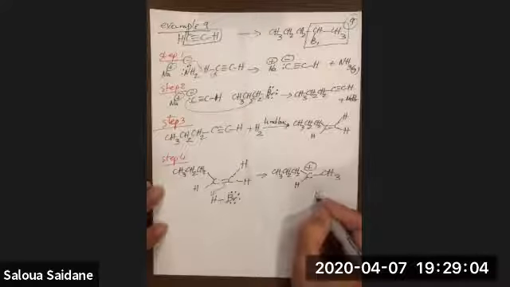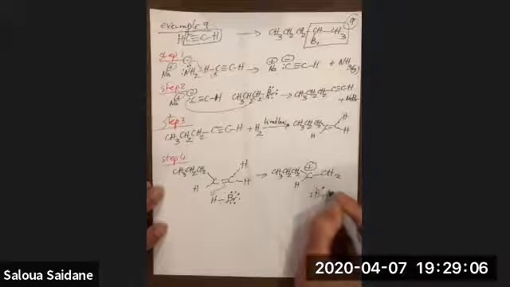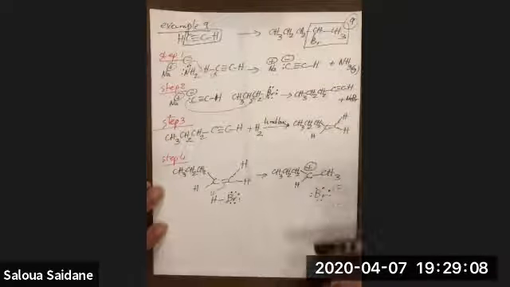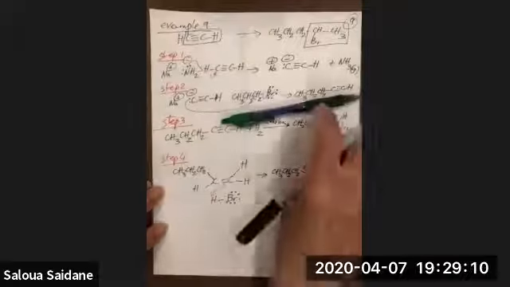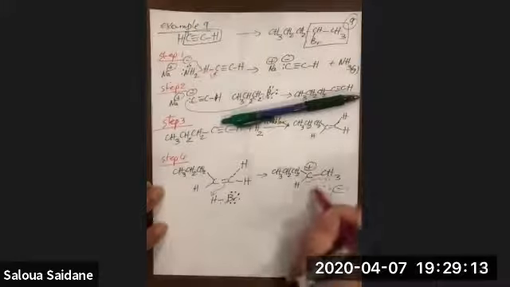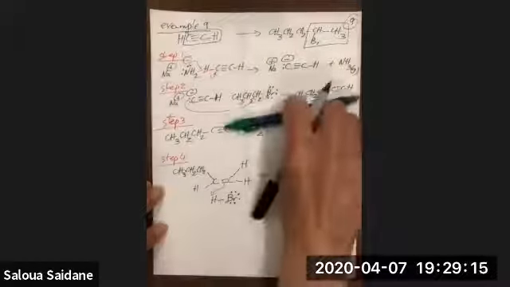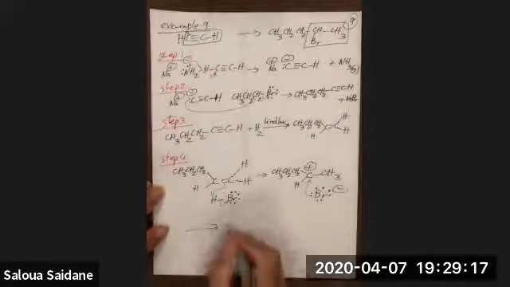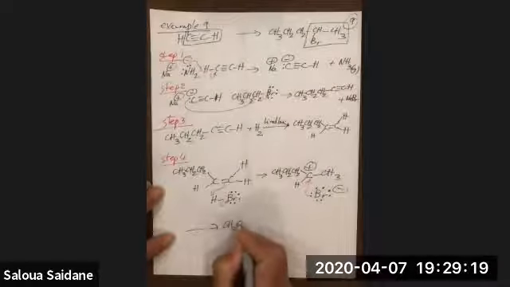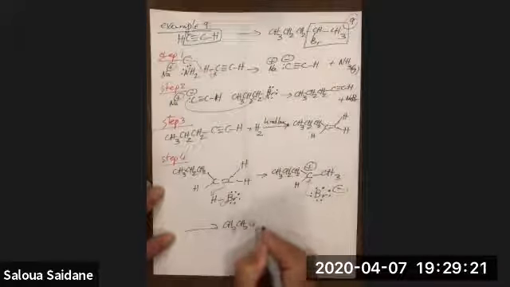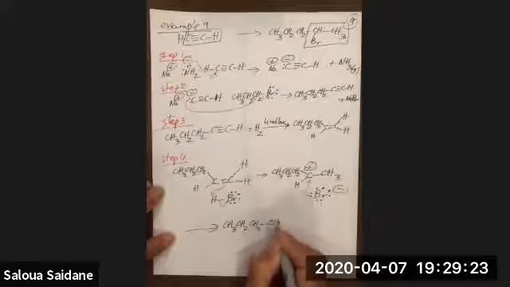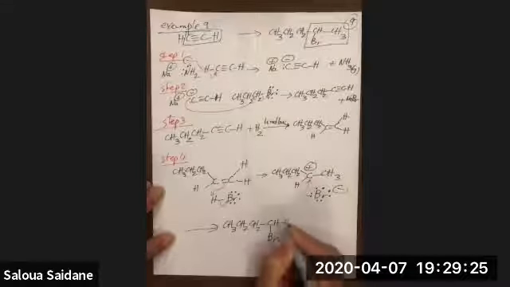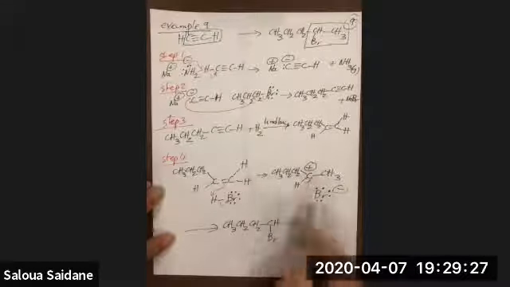And then the second step would be Br minus. We'll add to the secondary carbon, and we end up with the final product. By the way, this is a chiral carbon.